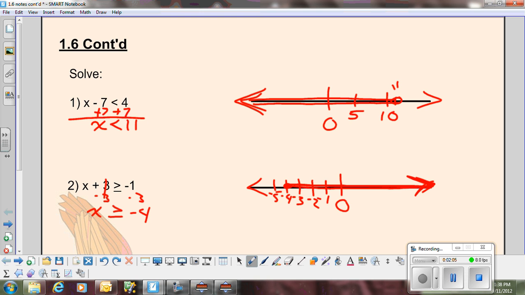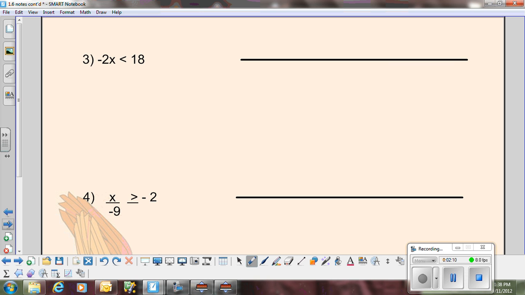Now I'm going to kind of whip through these. If I'm too fast, let me know and I can go back or wait a minute if you need me to. Okay, negative 2x is less than 18. How do I need to solve this one? You're going to divide by negative 2.